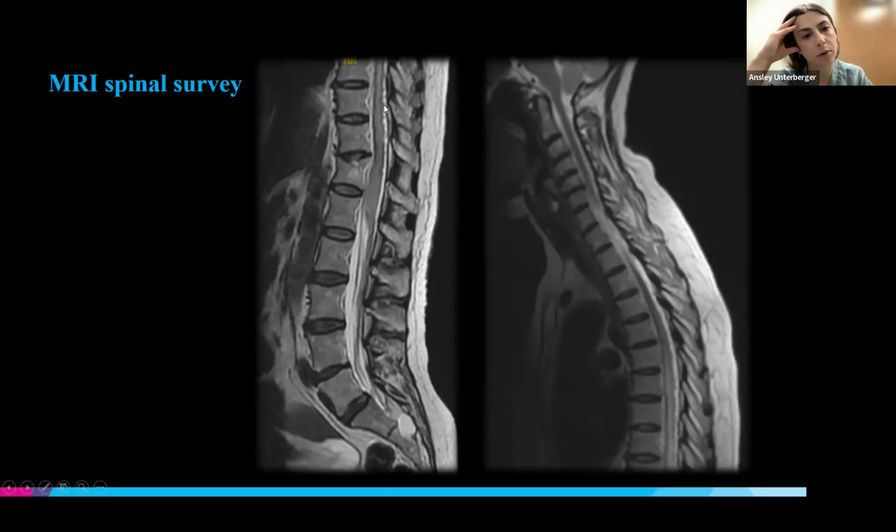Maybe some type of a growth. Well, we have congestion, right? What do you think? Yeah, if it's like a venous thing, so maybe like a dural AV fistula. Yeah. So this suggests there's some enlargement of the veins.